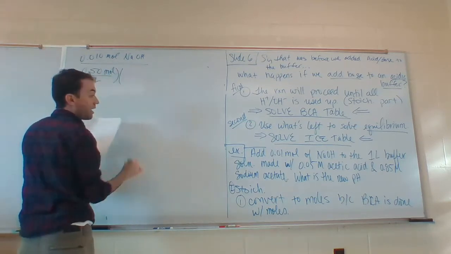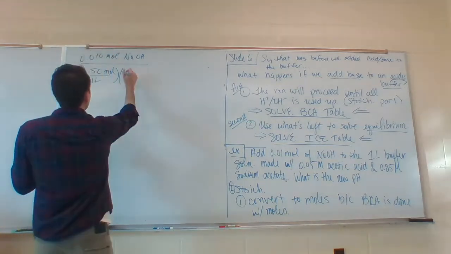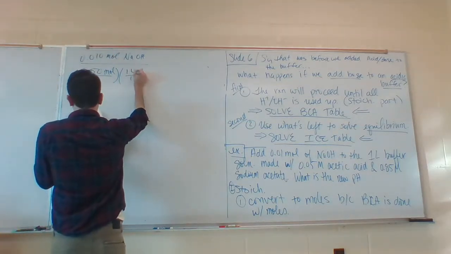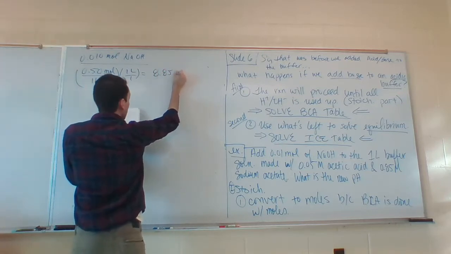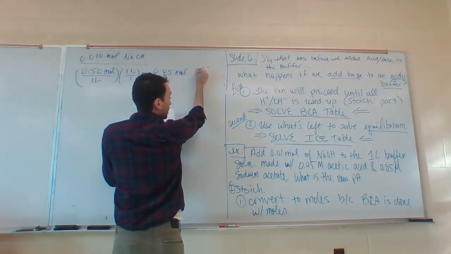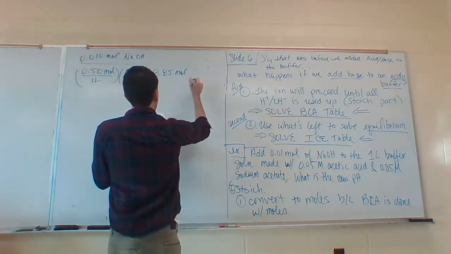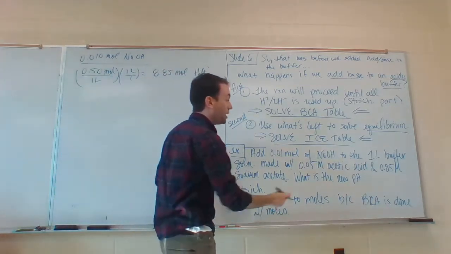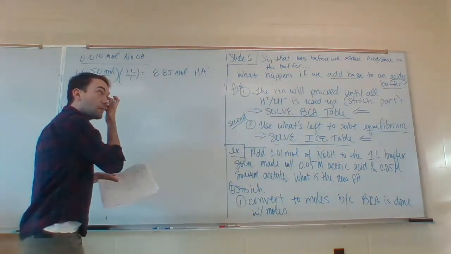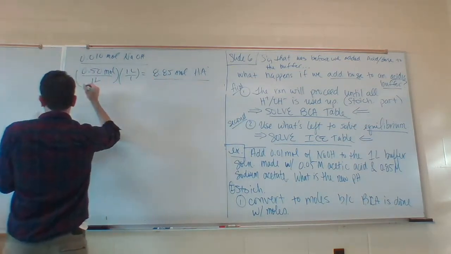We have 1 liter of solution, so that's going to give us 0.85 moles of our HA. I'm using HA to represent my weak acetic acid. So that's our moles of acetic acid.